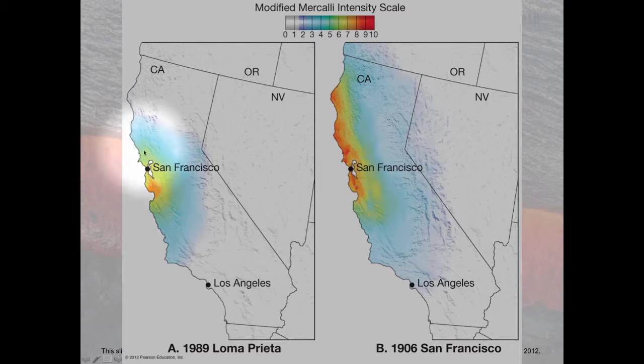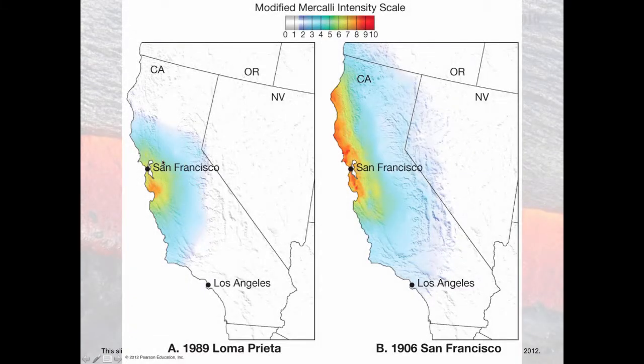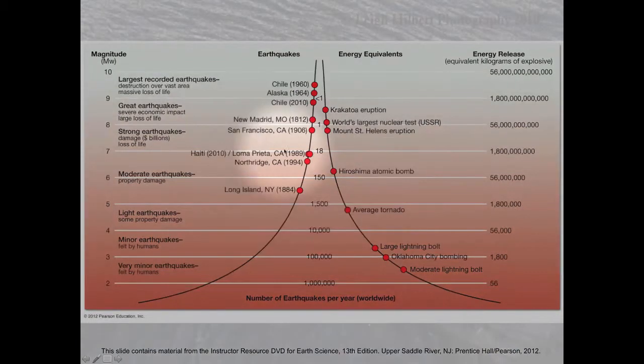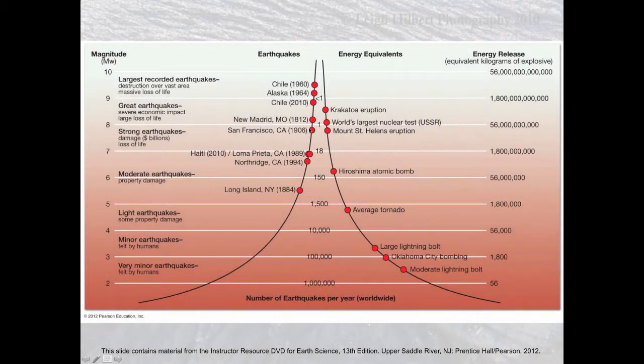But you notice how much more confined this quake was. Also extensive damage, but not as broadly extensive as in the 1906. Loma Prieta on the magnitude scale was a 6.9, give or take, whereas the San Francisco 1906 was in the upper sevens, 7.8 maybe, I think.